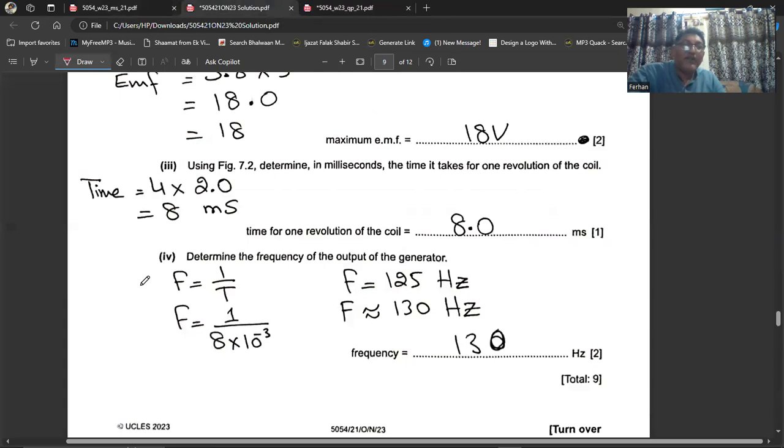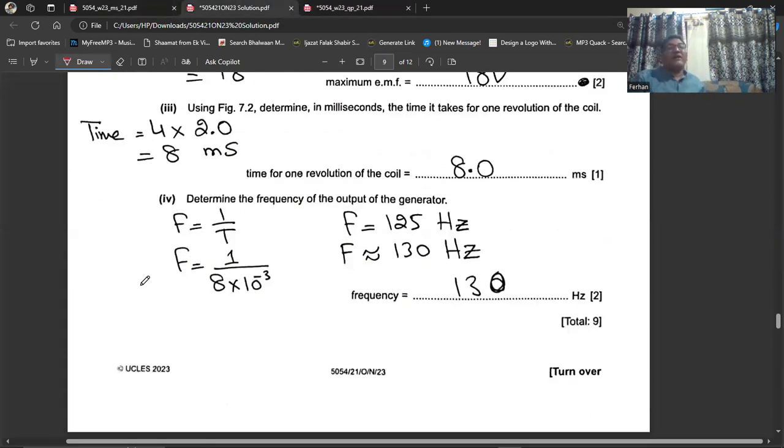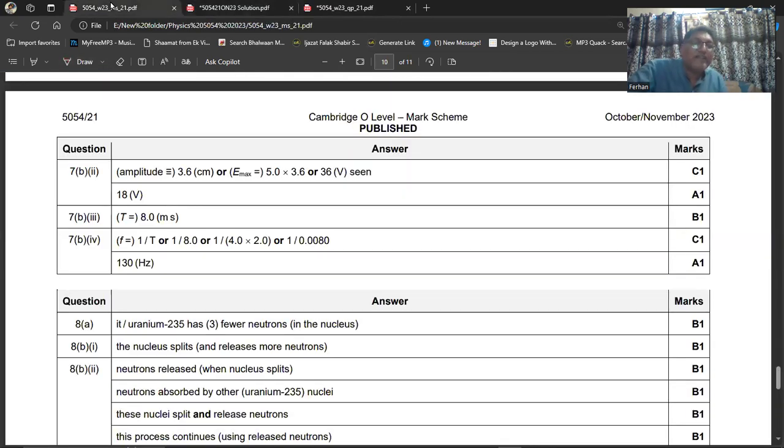The time period is 8 milliseconds, but I will convert this into seconds by dividing by 1000. In 1 second there are 1000 milliseconds. So 1 divided by 8 times 10 to the power minus 3 is 125 hertz. That is exactly 125 hertz, but when you round it off to two significant figures, it will be 130 hertz. 130 hertz is the right answer.